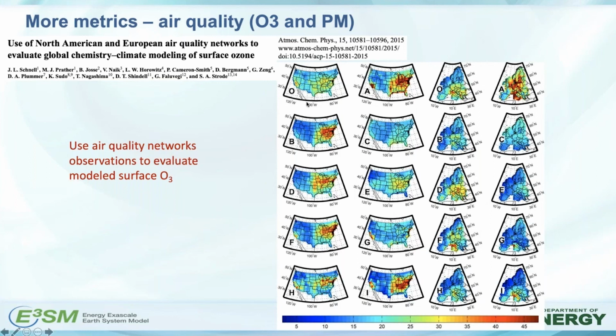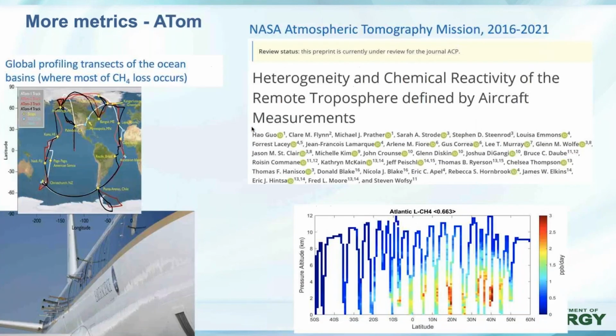Those observational networks are mainly in the US and in Europe. So we can also compare with the ATom recent measurements. So this figure shows the aircraft sampling tracks of the ATom measurements. So it goes through where most of the methane loss occurs.